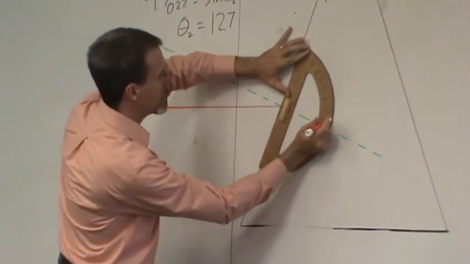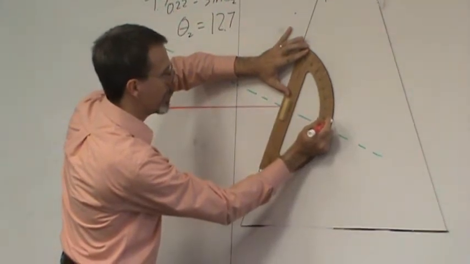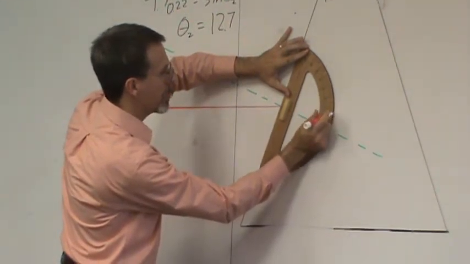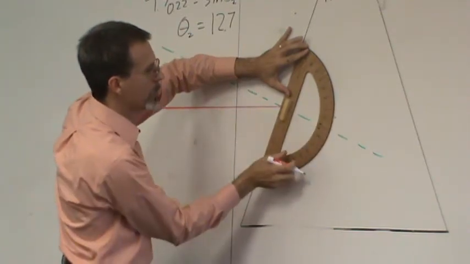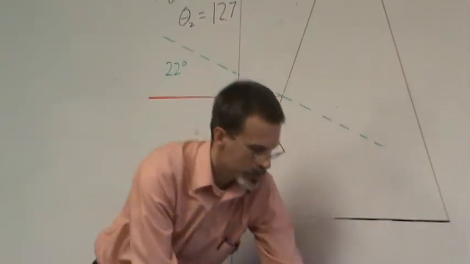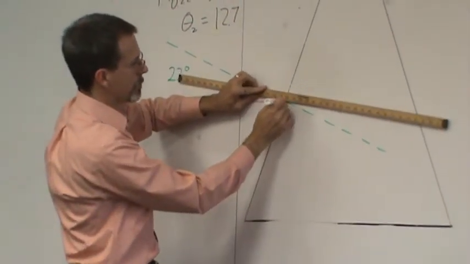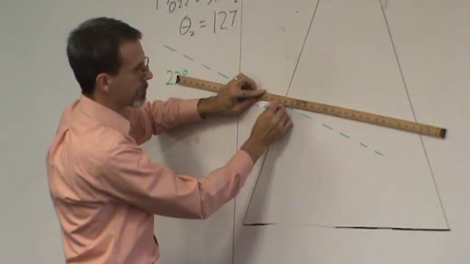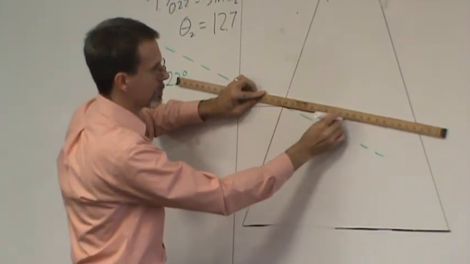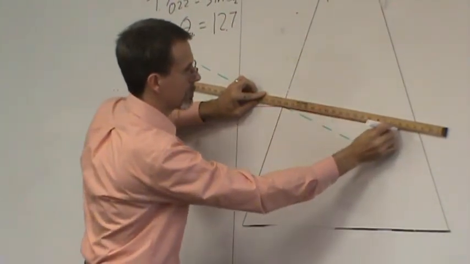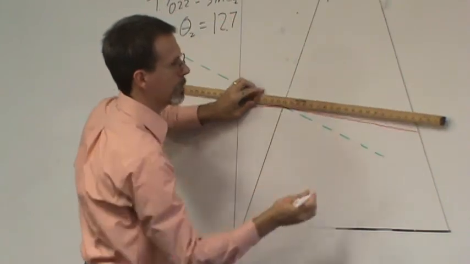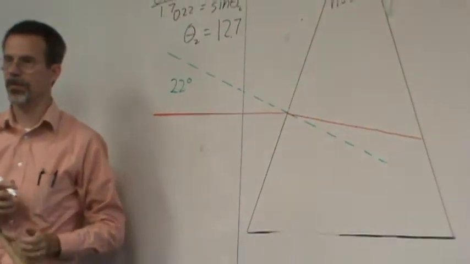Okay, so 12.7 ends up here. That's 10, that's 15, so 12.7 is going to be right about between those two. And that means that now my light ray is going to travel like that inside the prism.